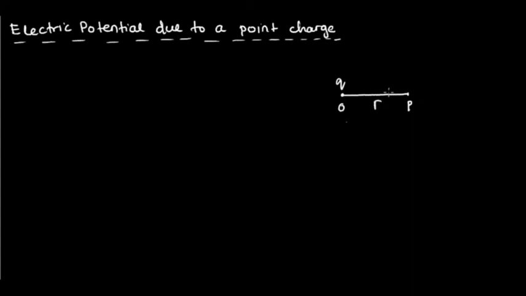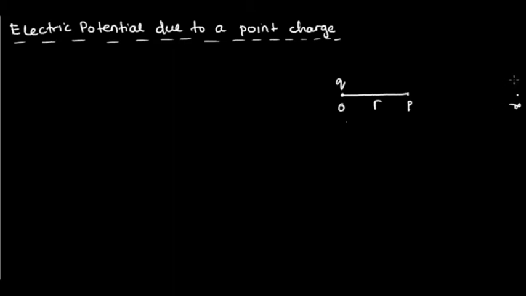According to the definition, electric potential at point P is defined as the amount of work done in bringing a unit positive charge from infinity to this point. Again, infinity means the distance at which the electric field due to this charge Q is 0. Suppose I assume that this point is infinity.